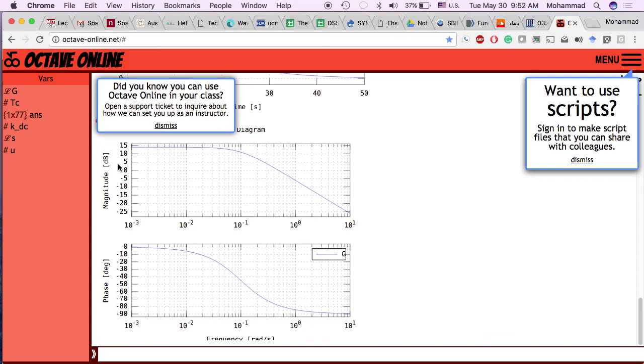So what is a Bode plot? Let's review it one more time. It is basically the response of the system, but to what input? Constant, or time varying? If time varying, what kind of time varying function is the input to the system?